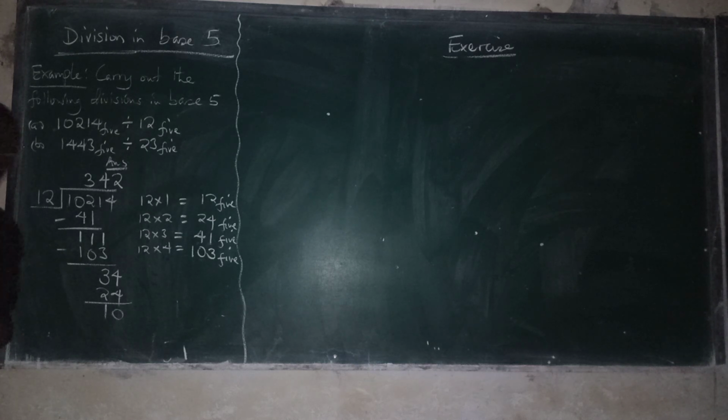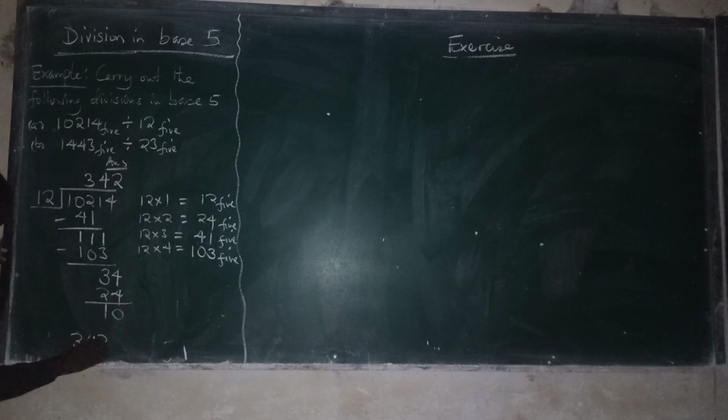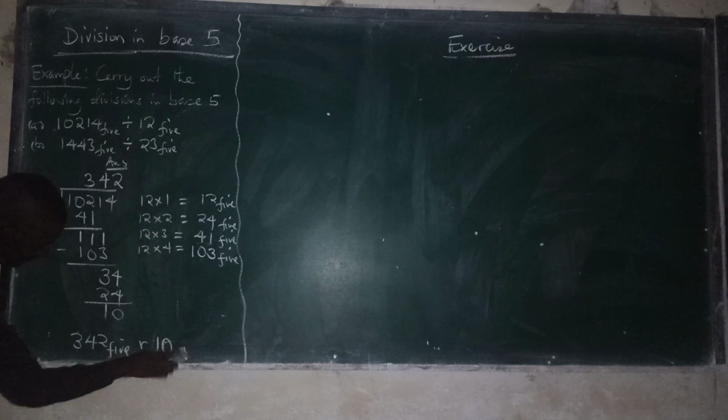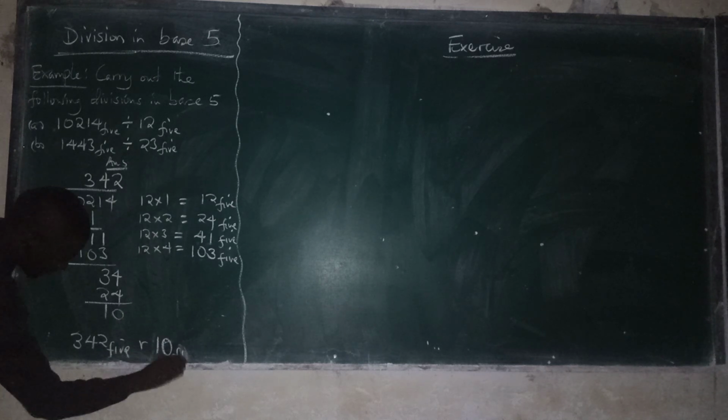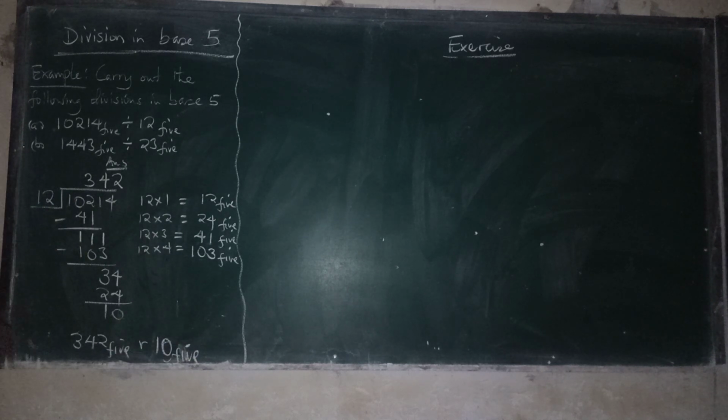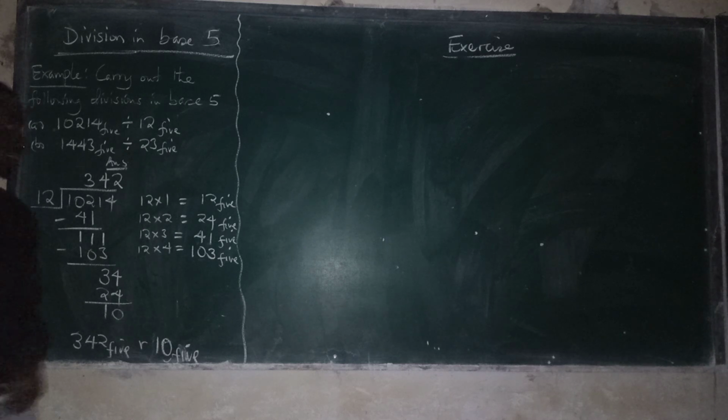So the answer is 342 remainder 10, or 342 plus 10 over 12 in base 5. So this is our answer.